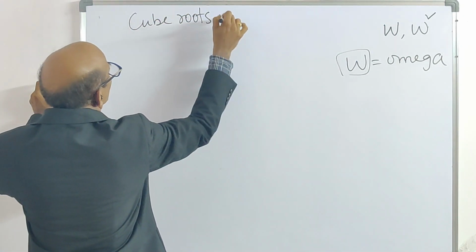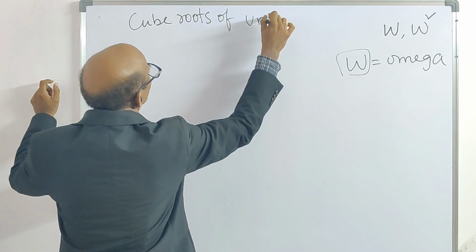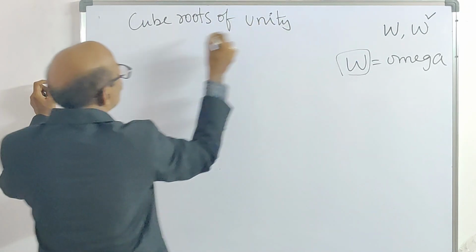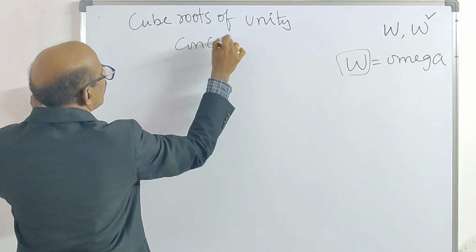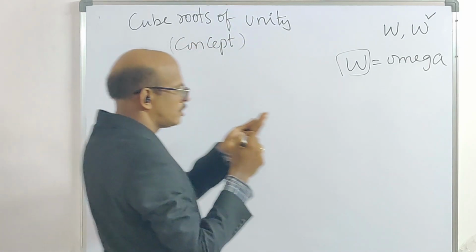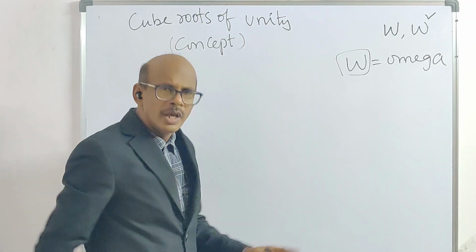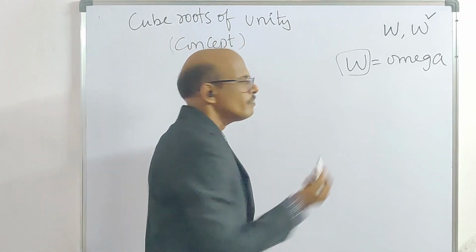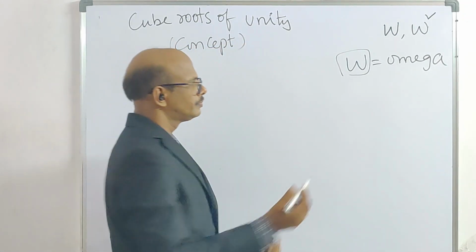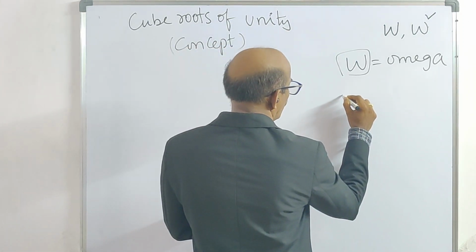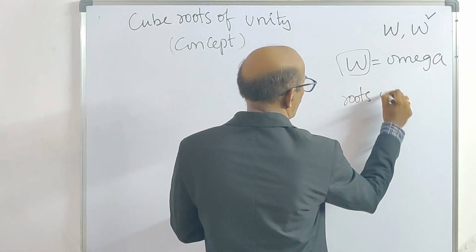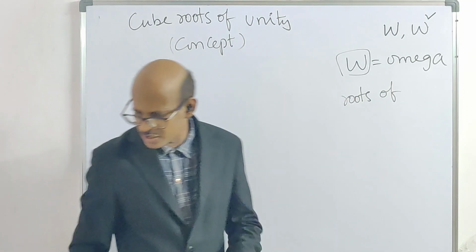In particular, the cube roots of unity are the most important concept in our complex numbers chapter. Be cautious here. Concentration is required, don't deviate.